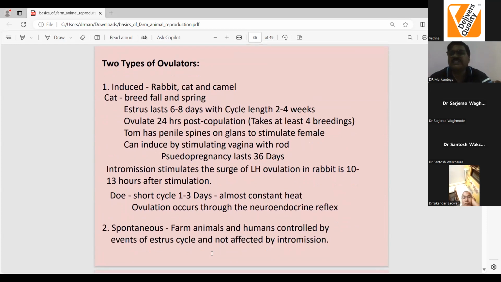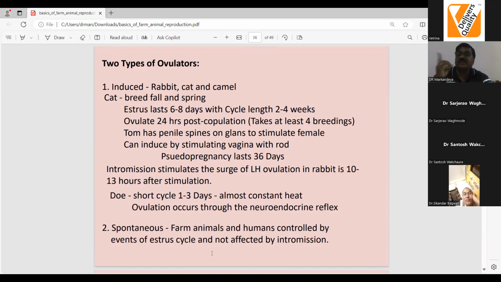Types of ovulations, very important for us clinicians. It is always a spontaneous type of ovulation in cows, buffalo, sheep, and goat after cessation of the estrus. In estrus, estrogen is at maximum, but this estrogen will stimulate release of LH, and LH has 3 roles.